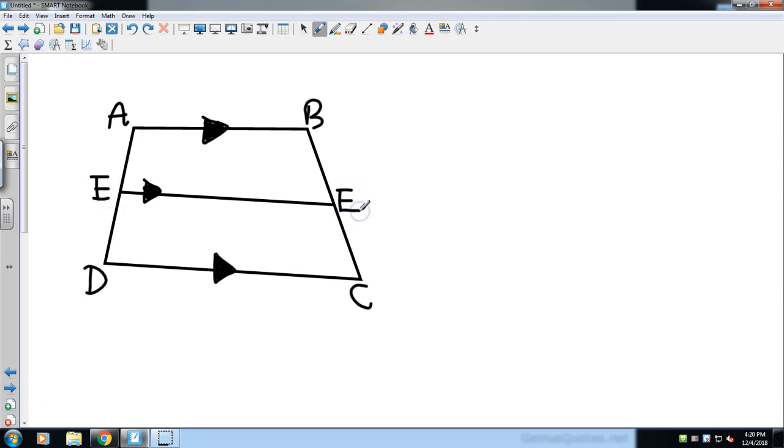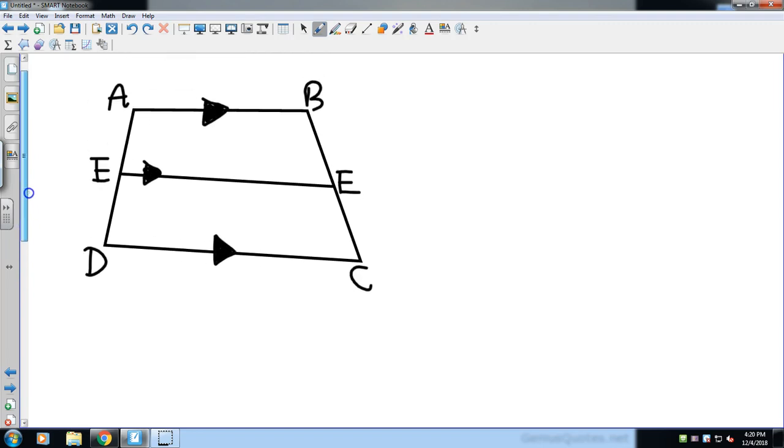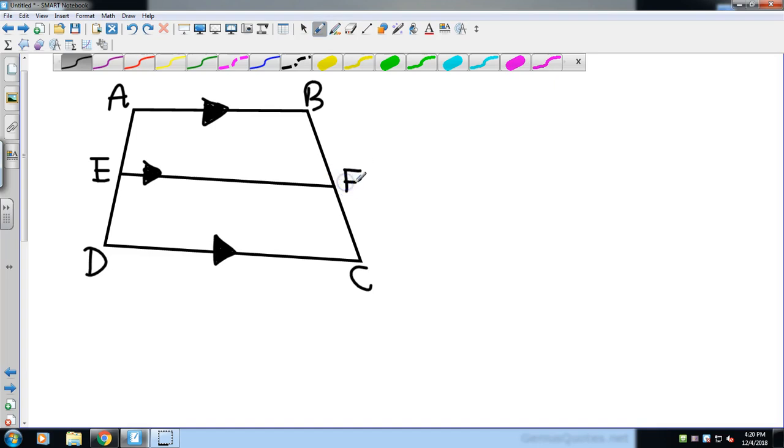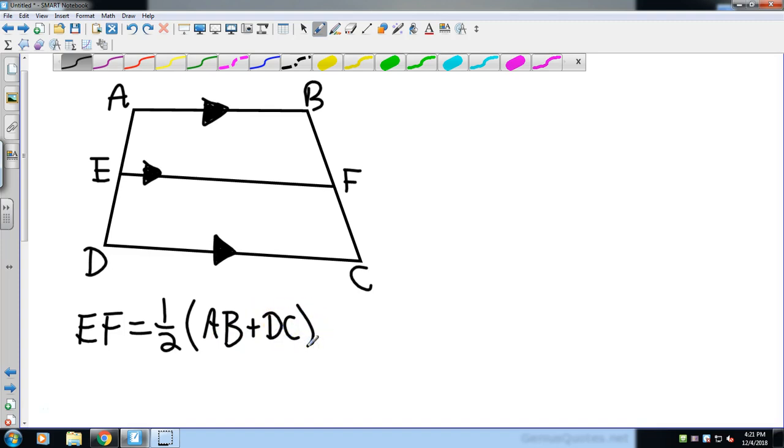And in the mid-segment theorem of a trapezoid, your mid-segment, which is EF, is equal to 1/2 of the sum of your other two parallel segments. So EF is 1/2 of the two parallel segments added together.